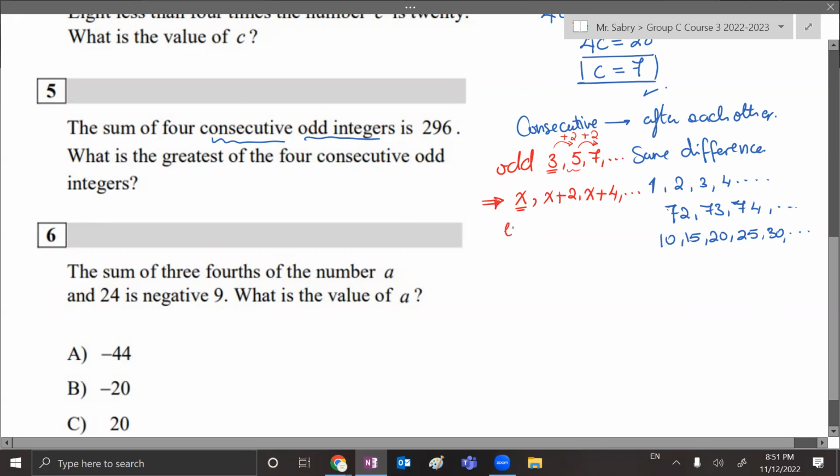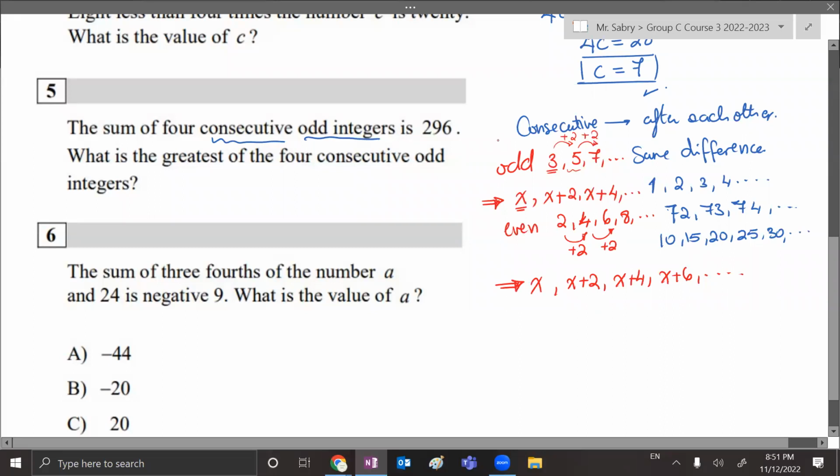And the nice thing is, even the even numbers, 2, 4, 6, and 8, are represented exactly the same way, because the difference between 2 and 4 is still 2, and between 4 and 6 is still 2. So if the first term is x, the next one is x plus 2, and the other one is x plus 4, and x plus 6, and so on. So if we're talking about even consecutive or odd consecutive, they're represented this way.